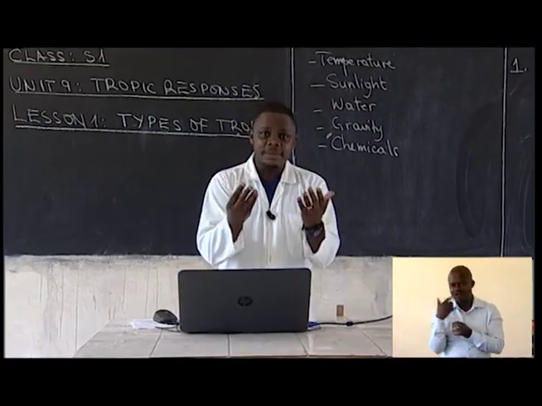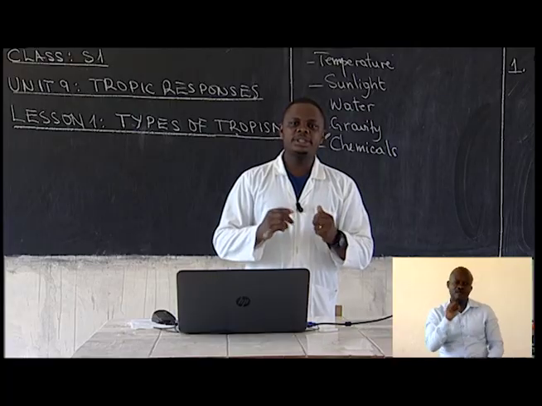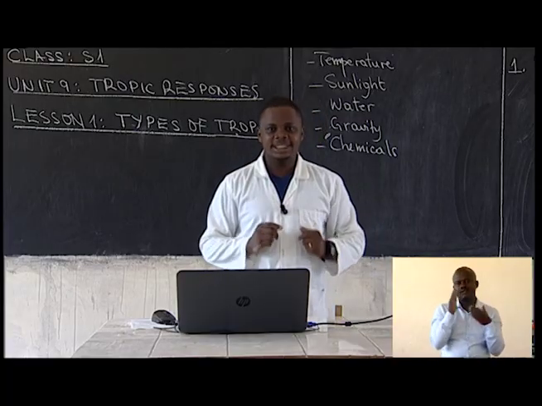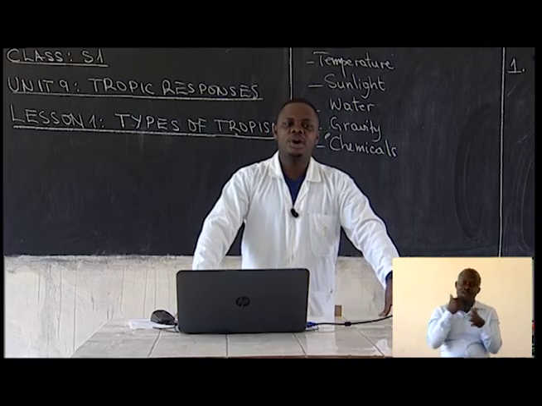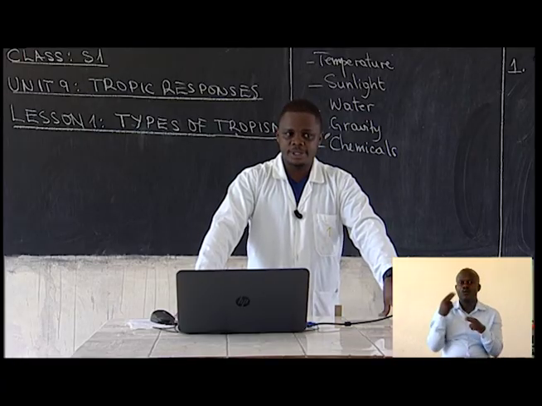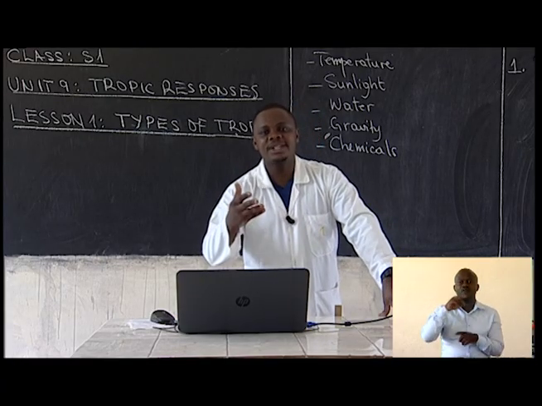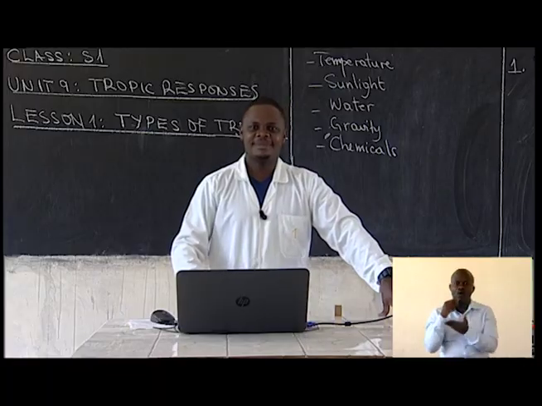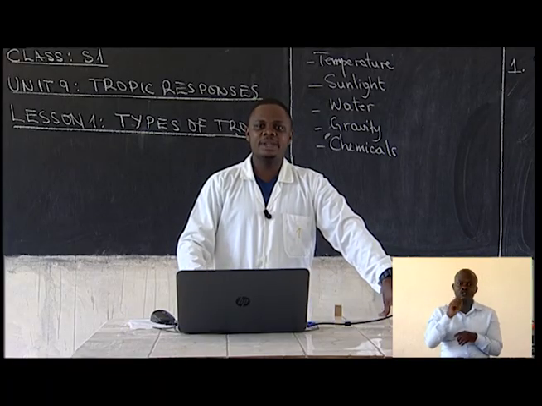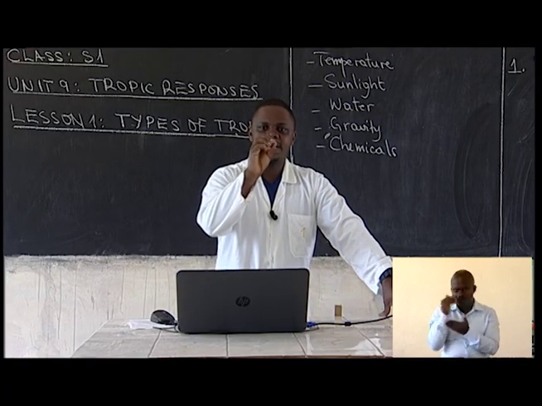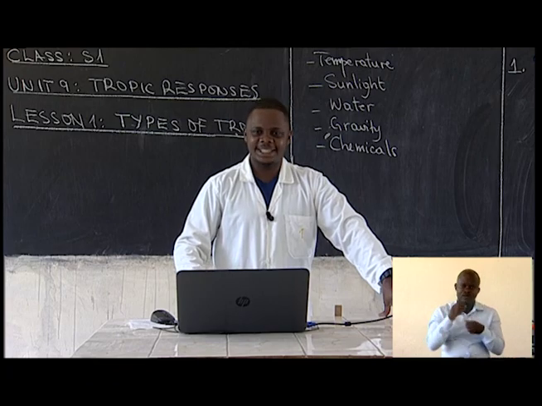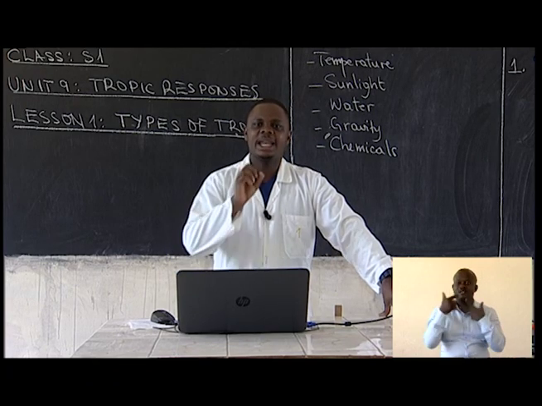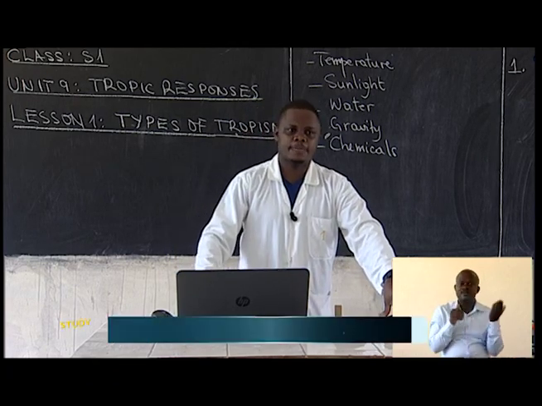So stems respond towards light, and that is what we call positive tropism or positive phototropism, because the stem is responding towards light. In this sense, we say light is the stimulus.